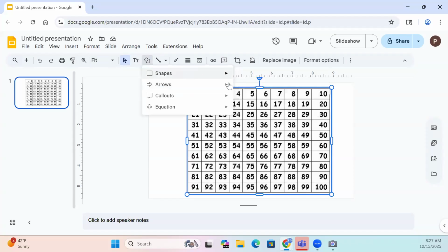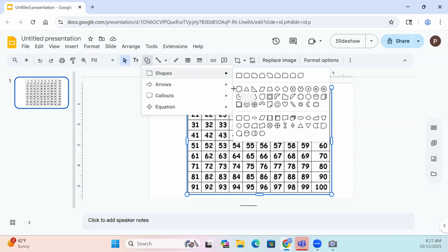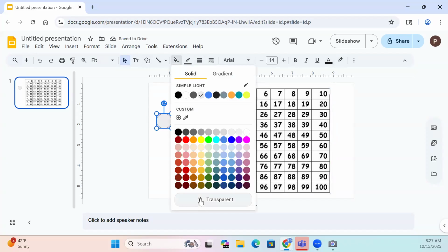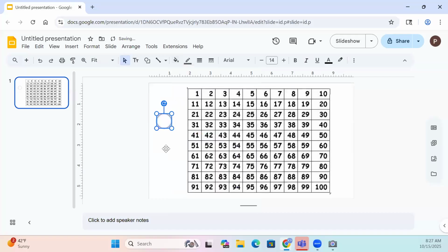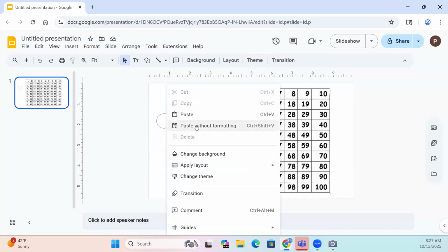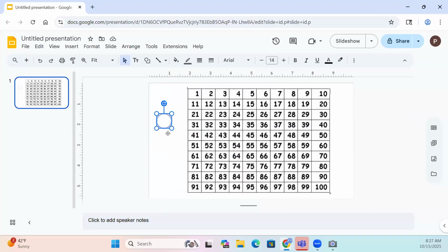Make me a circle. Make sure it's not filled. What about the number 2?